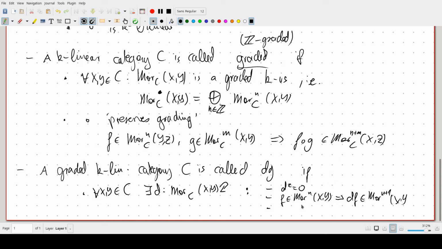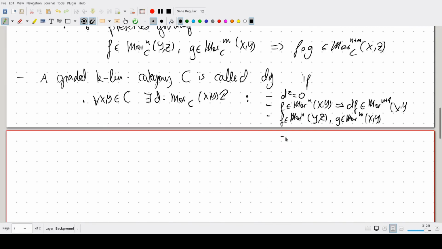And lastly, its interaction with composition. So if f is a morphism of degree n between y and z, and g is a morphism of degree m between x and y, then we have d of the composition f after g is equal to df after g plus minus 1 to the power of n, which is the degree of f, times f after dg.